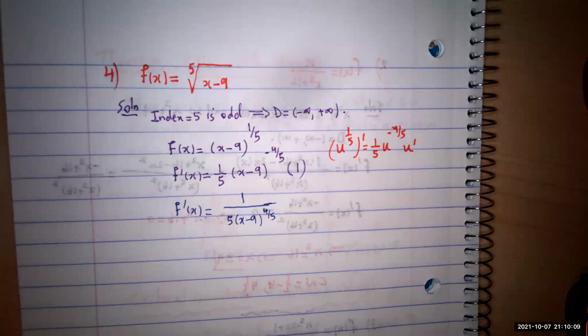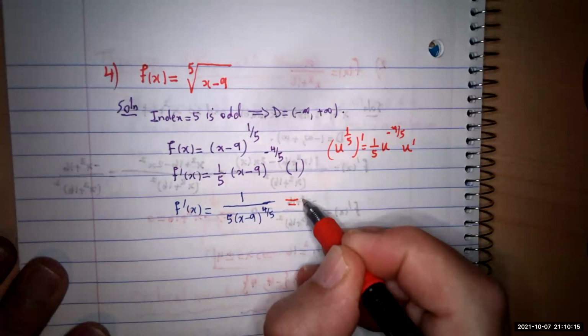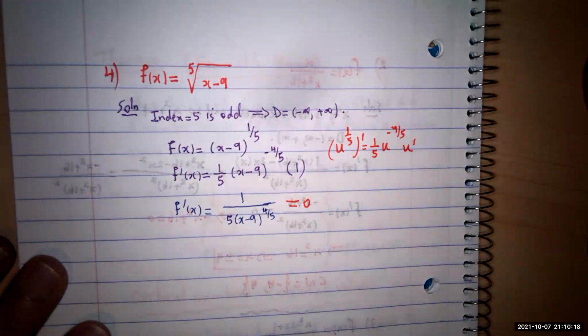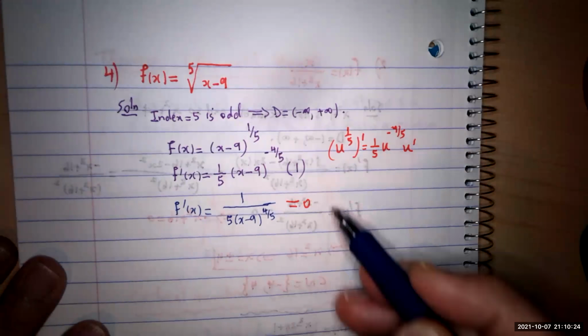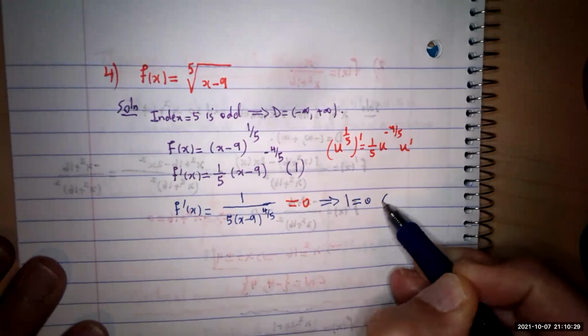Now we let it equal to 0. If you let it equal to 0, what's going to be the result? You see, when you let it equal to 0, the top must be 0. The top is 1. So 1 equal to 0, which is impossible.